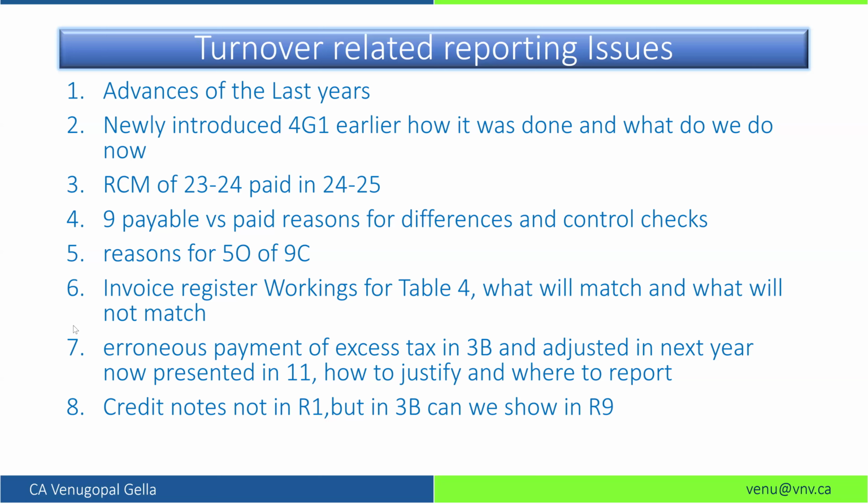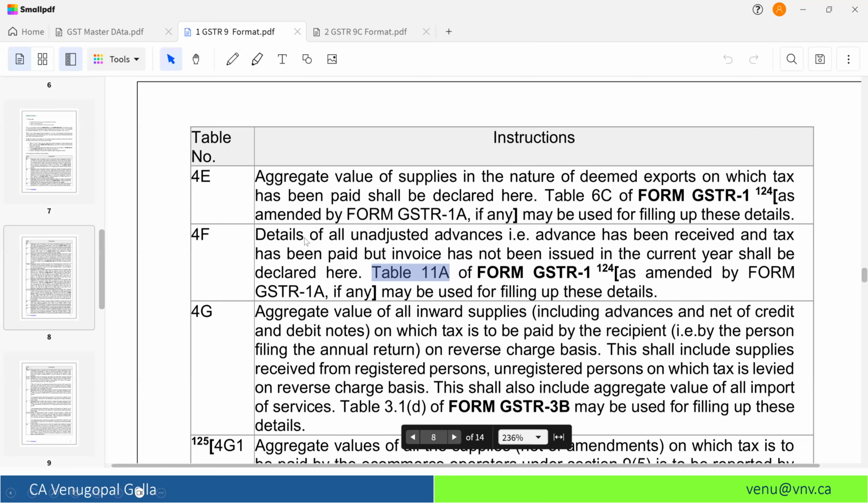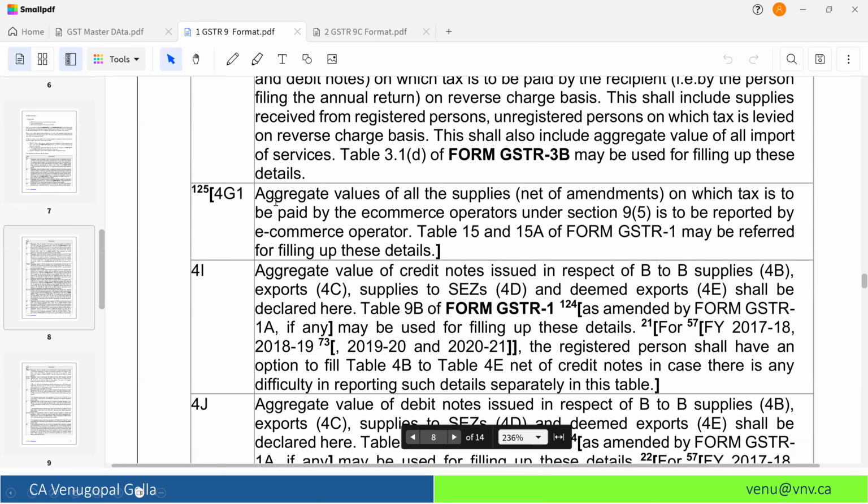Issue number 2 is 4G1, which is a newly introduced table. If you look at 4G1, this is the aggregate value of all the supplies, net of amounts on which the tax is paid by the e-commerce operator.